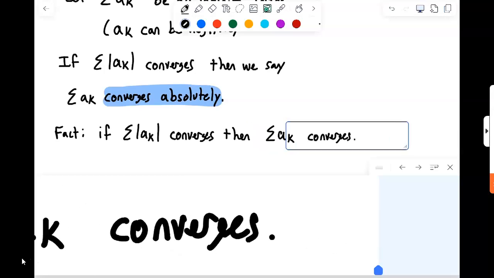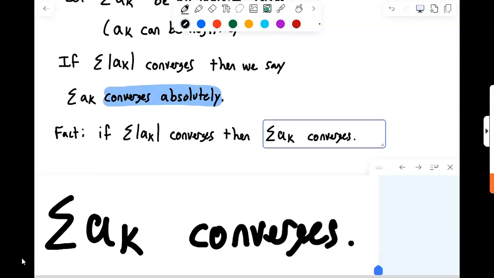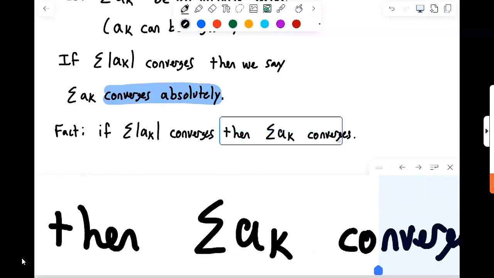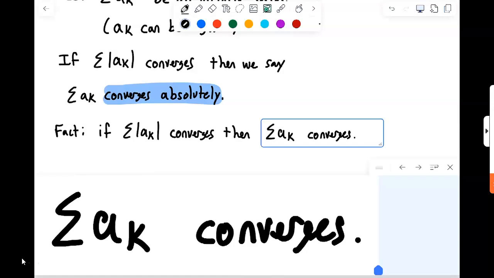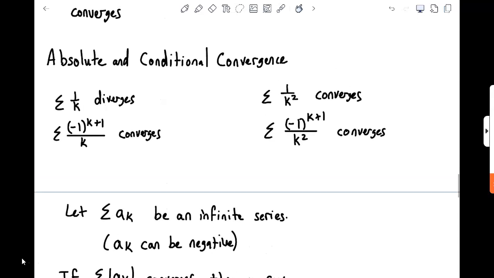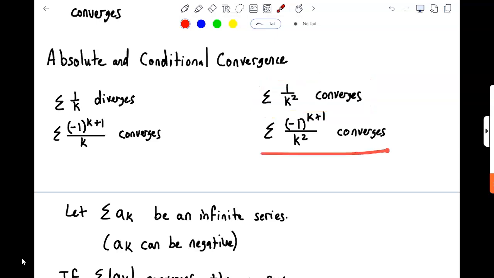In other words, if it converges absolutely, then the underlying sequence, when you drop the absolute value, is going to converge as well. So we don't have to worry about any negative signs or anything there. Because that one converges, it's a necessary fact that the alternating one converges as well.